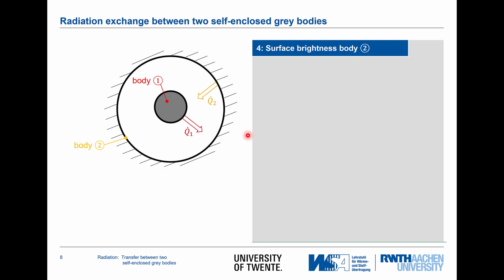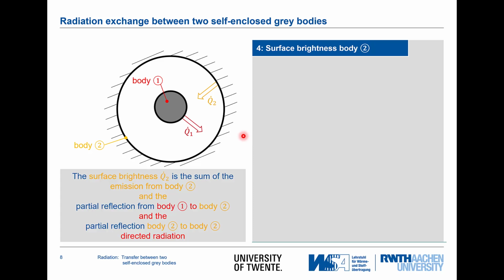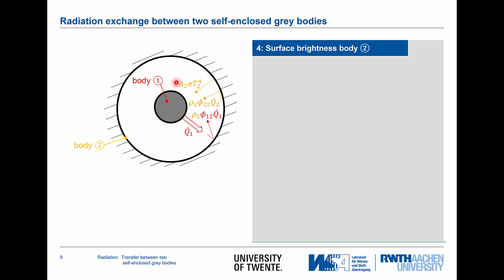Now let's have a look at the surface brightness of body 2. Well, this is emission from 2, a partial reflection of what's coming from object 1, a partial reflection of what is self-radiated from 2 onto 2, and here's the emission part. So q dot 2 is q dot 2 epsilon plus q dot 2 rho. The reflective part now has 2 components here. So this is what comes from 1, this is what comes from 2.